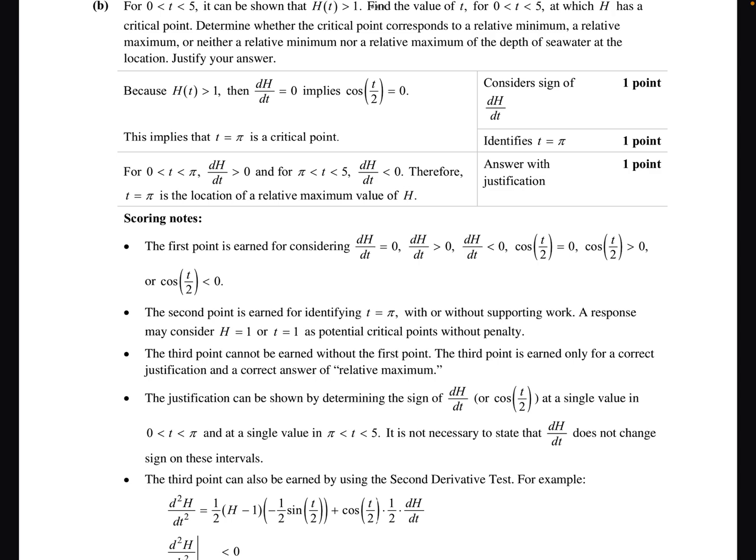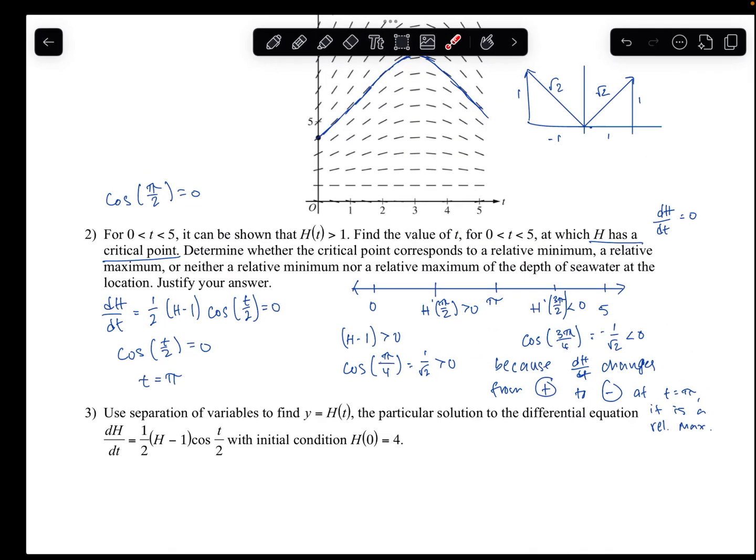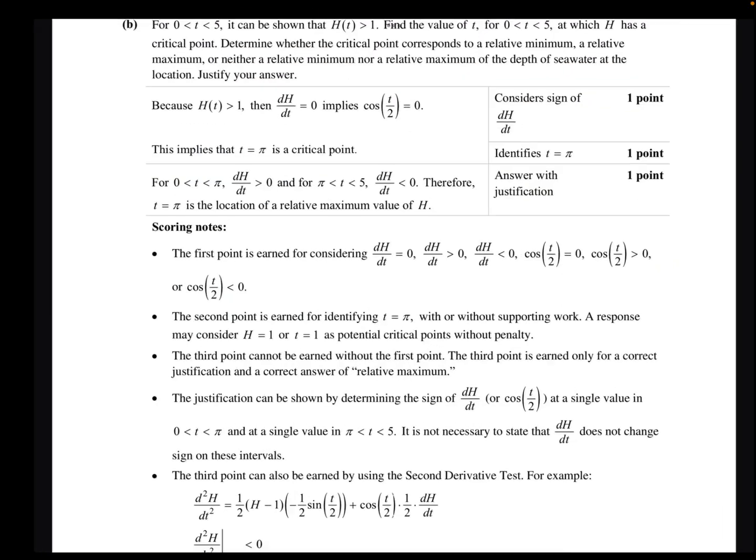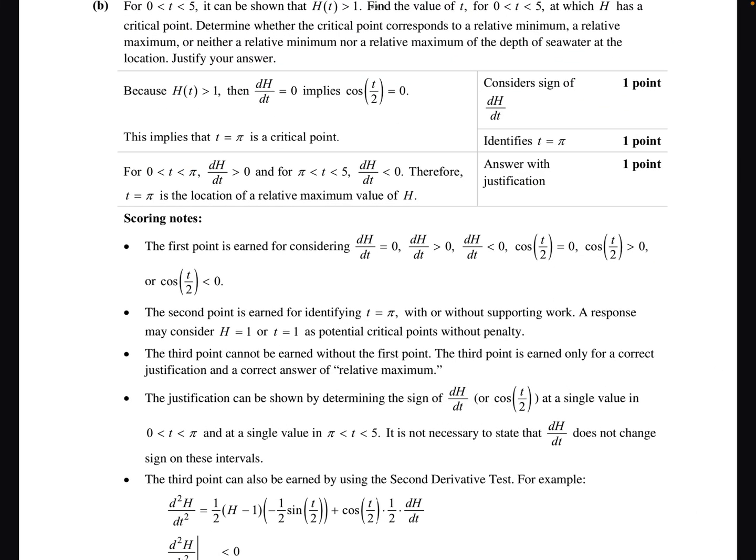And then the second point comes when you identify t equals pi, which, there you go, t equals pi right there. So the second point is earned by identifying t equals pi, with or without supporting work. So that's a plus. A response may consider that h is equal to 1 or t equals 1 as potential critical points without penalty.